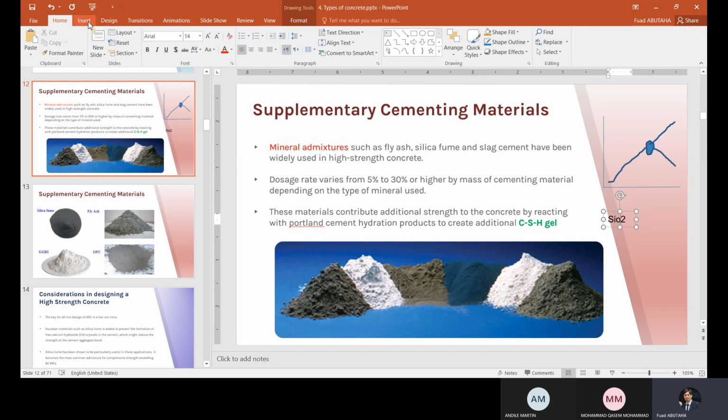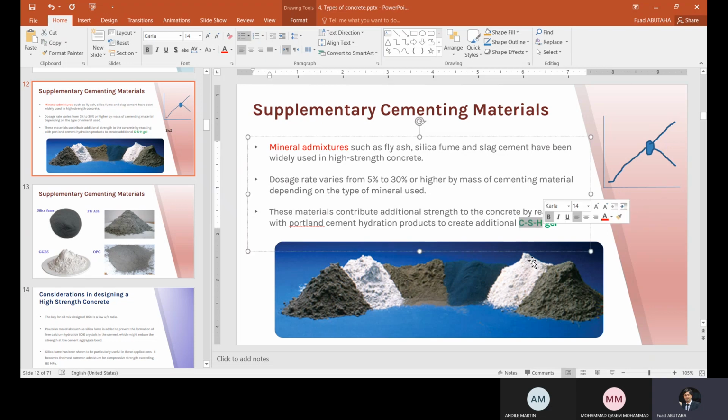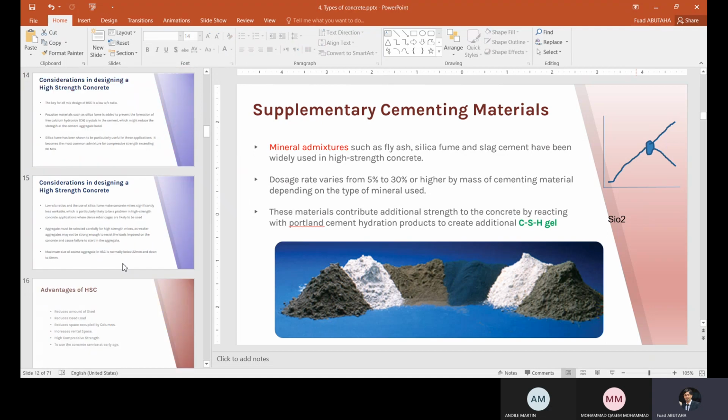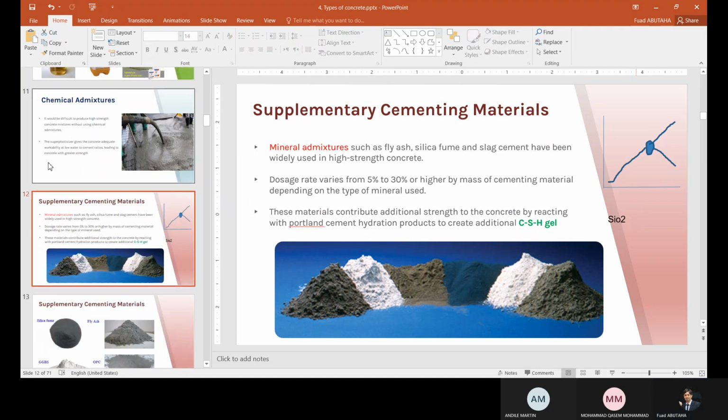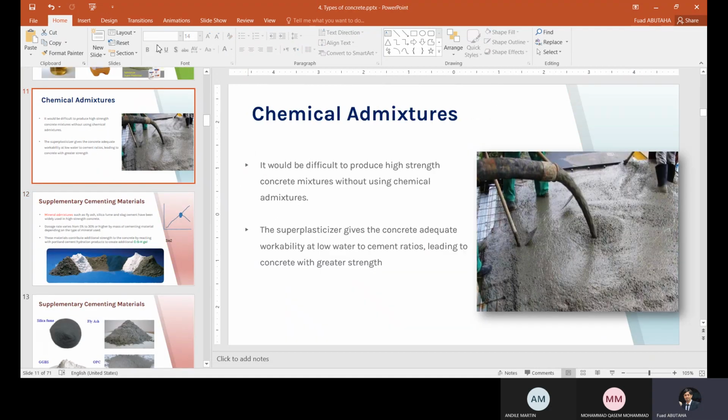First, what is the source of the strength of concrete? The source of the strength of concrete is the calcium silicate hydrate as an outcome from the cement hydration. So the cement hydration, when cement reacts with water, let's write it here.